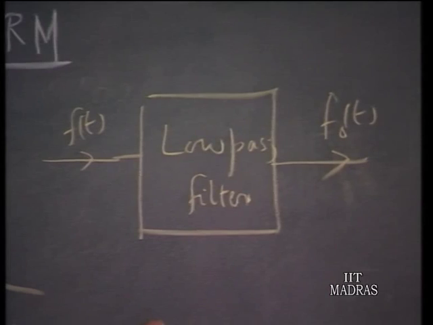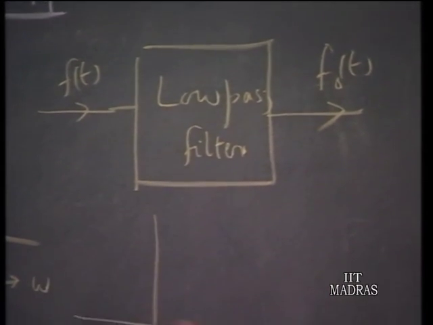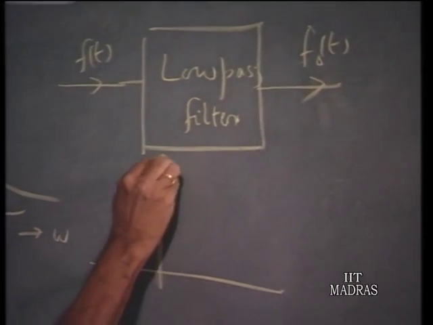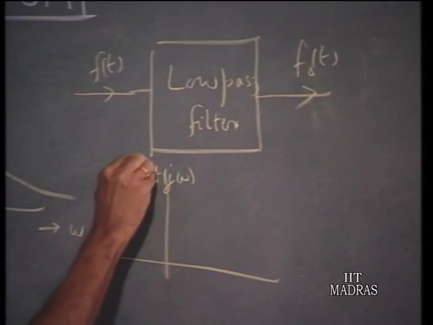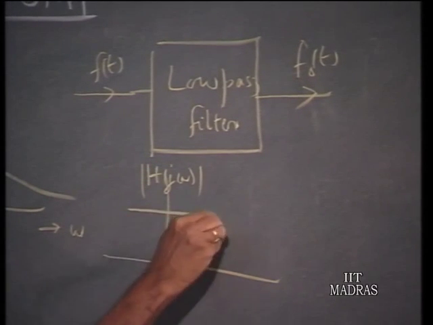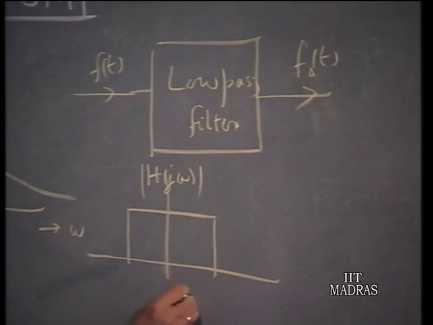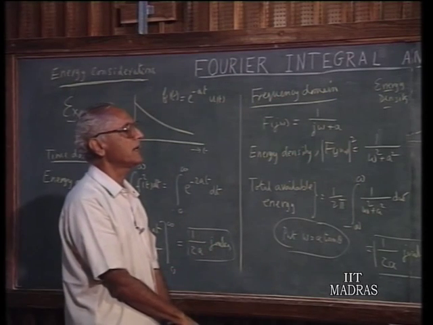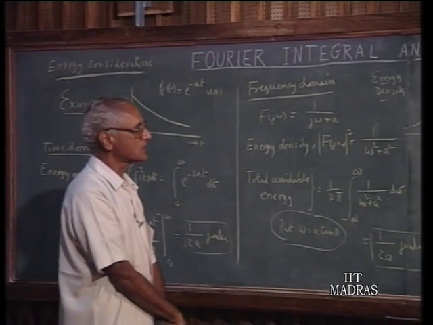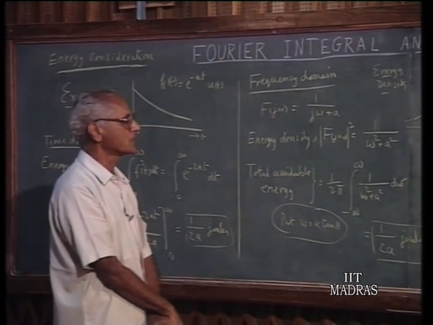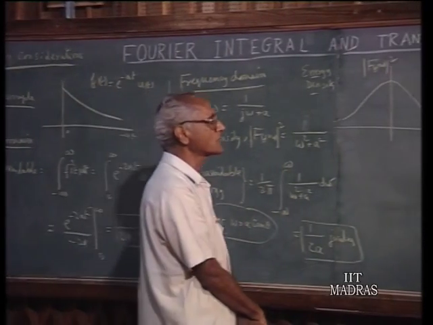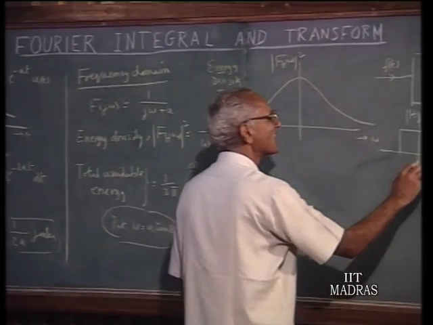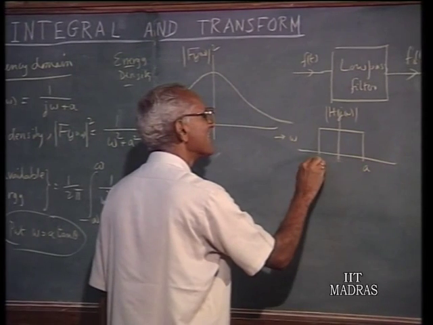This low pass filter has a characteristic like this: h of j omega magnitude. A low pass filter essentially allows all frequencies up to a certain point and then shuts off all other frequency components. So, let us imagine that our low pass filter here has a cutoff frequency equal to A and minus A.